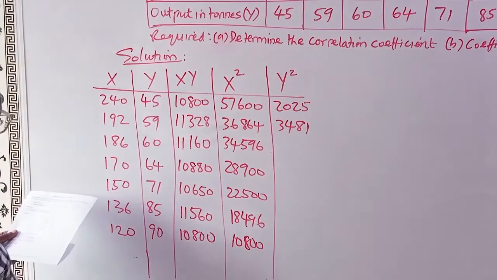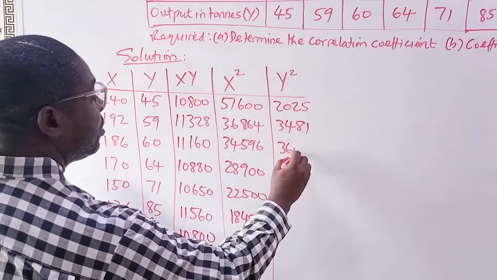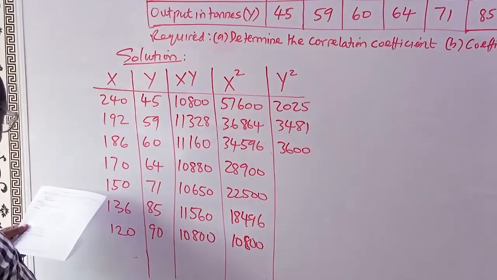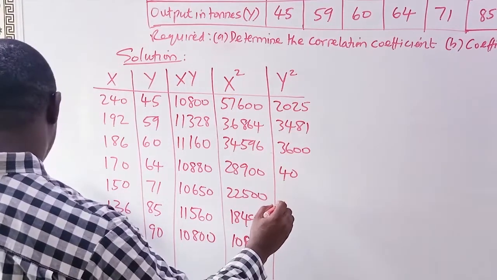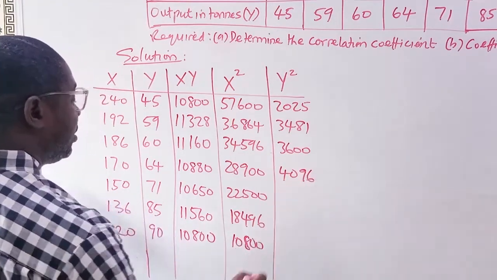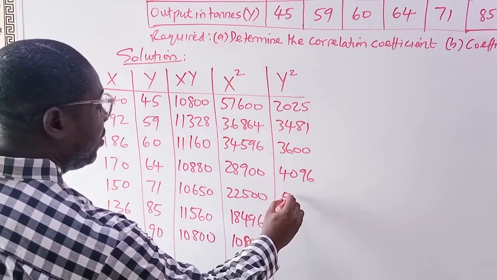The square of 60 will give us 3,600. The square of 64 will give us 4,096.